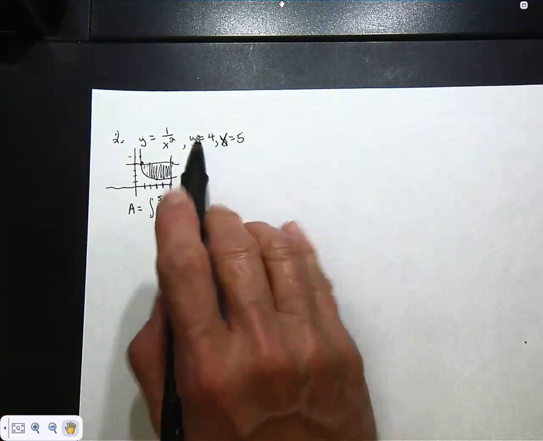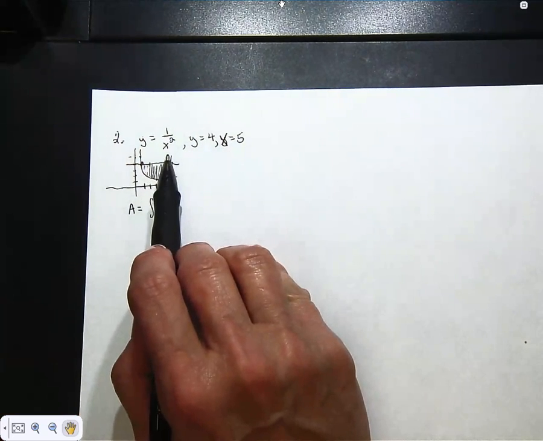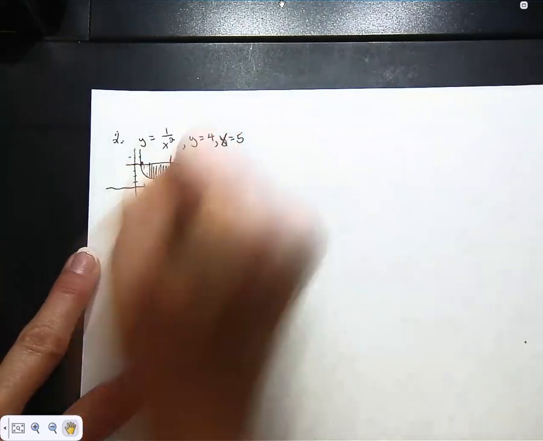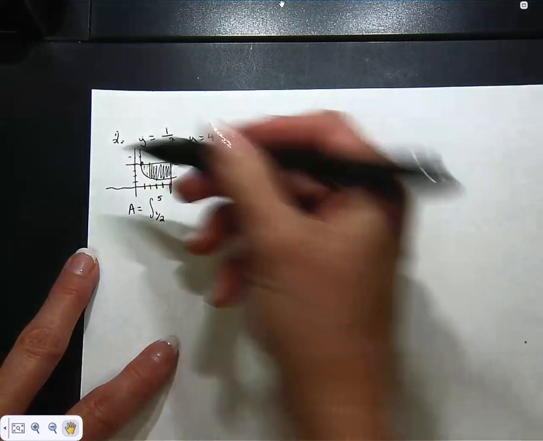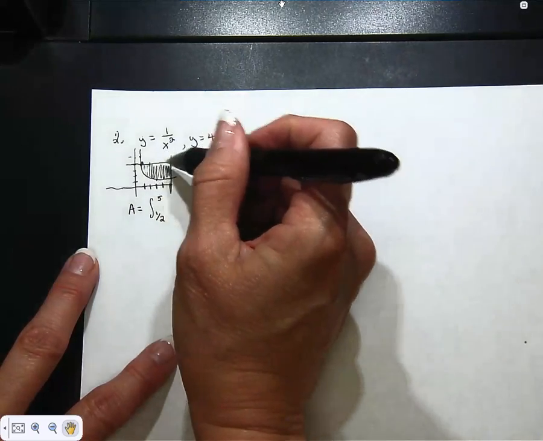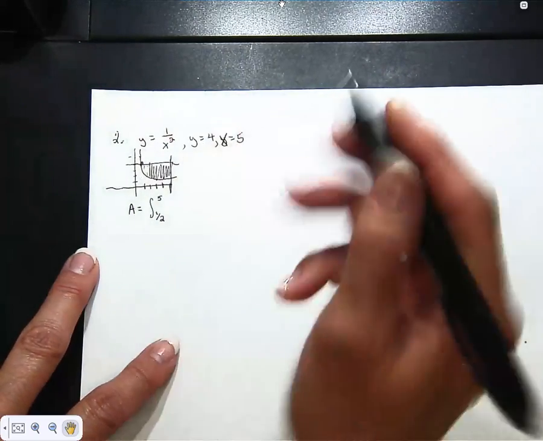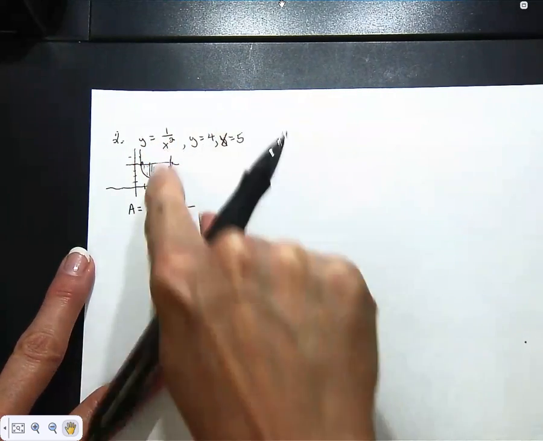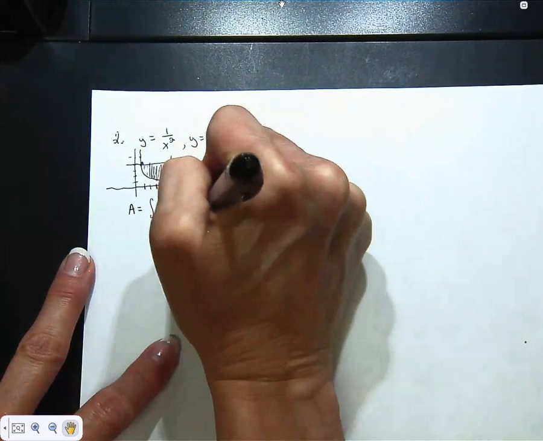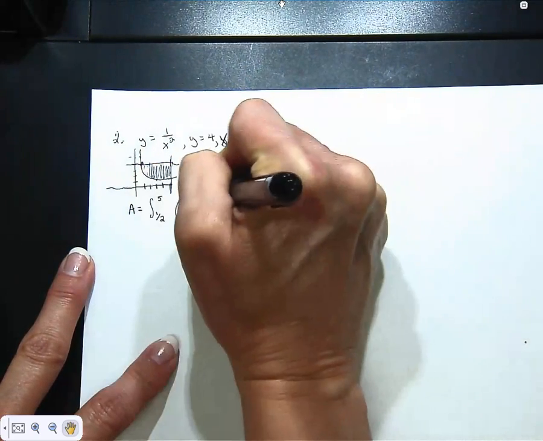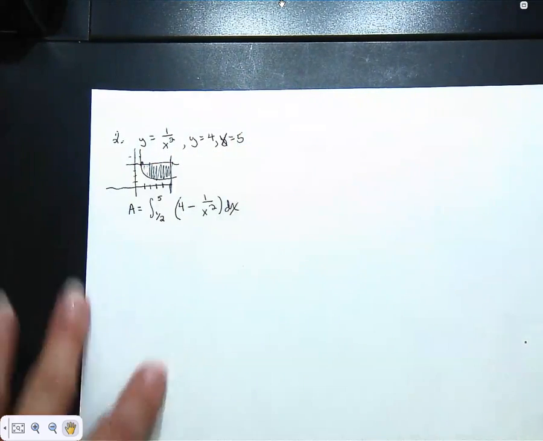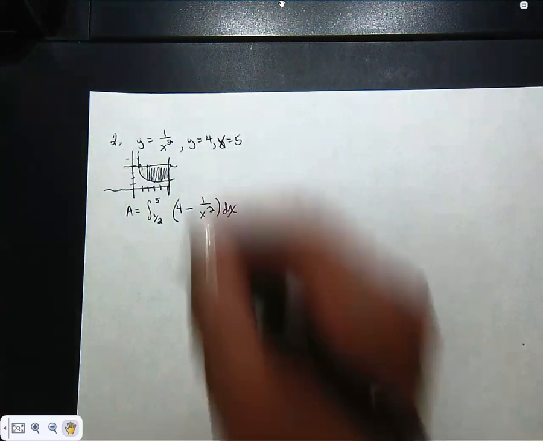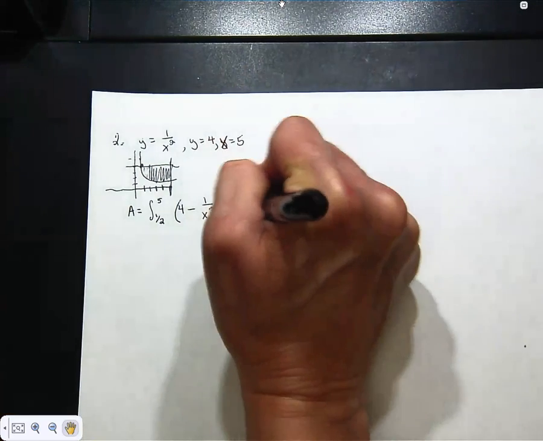Yeah, it has to be the intersection of 1 over x squared and 4, and that's when x is a half, y would be 4. And then make sure you're saying upper bound is 4 minus lower bound is 1 over x squared. So that would give it to you. What else?